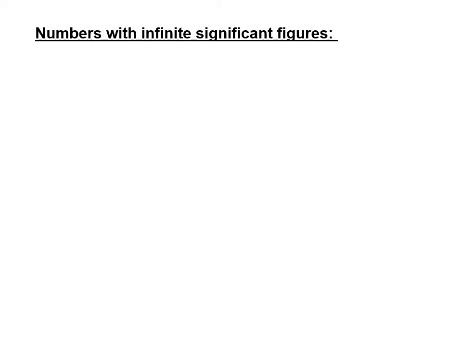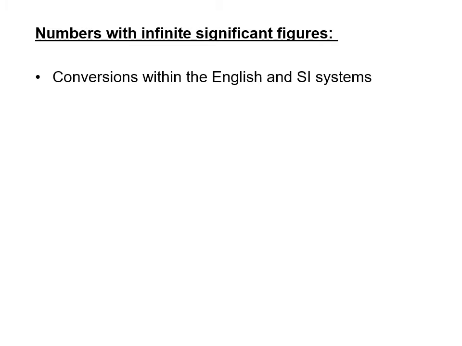Now, there are also numbers that have infinite significant figures. One is numbers that are within conversions in either the English system or the international system. So in the international system, for example, the conversion 1 meter equals 1,000 millimeters.